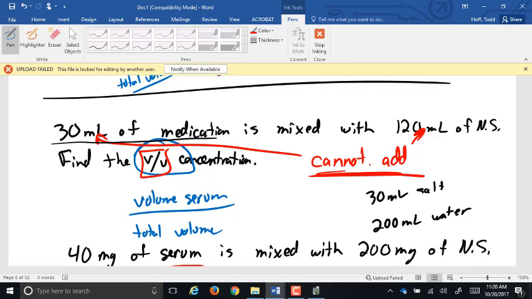I will never give you something that doesn't mix, but I want you to be aware that when you're mixing volume and volume, there's a gray area there that you've got to be careful with. I will leave that up to your chemistry side of things to figure out what you can mix and what you can't mix. But I just want you to be aware that volumes don't necessarily add up.